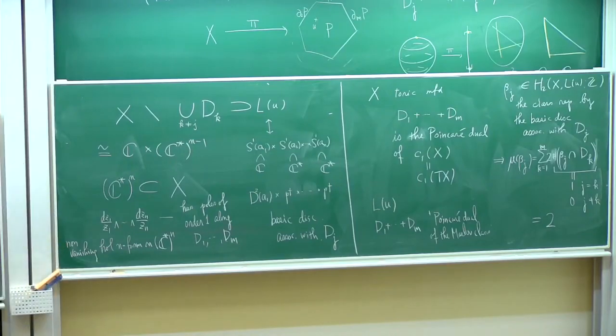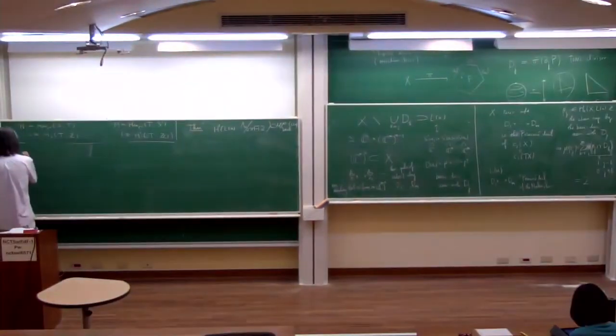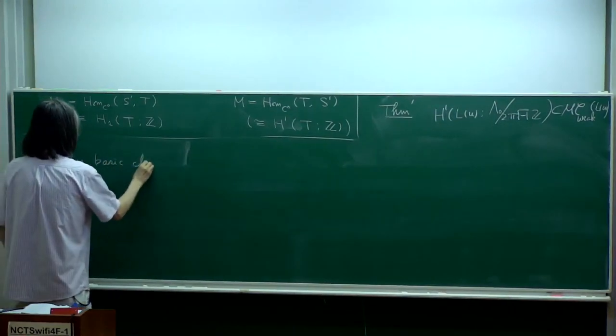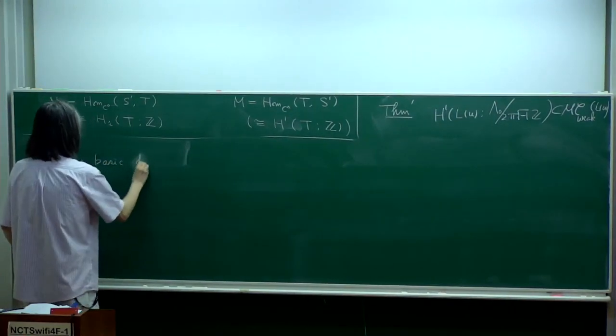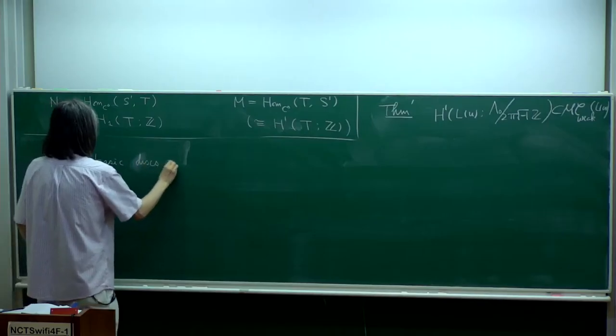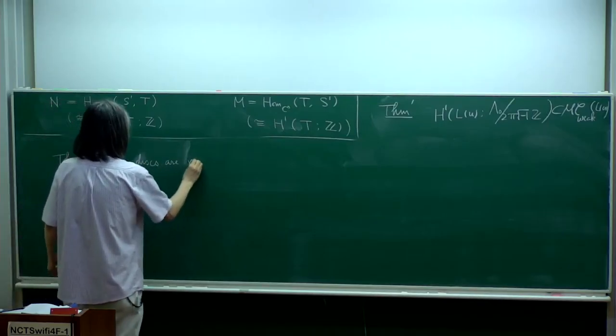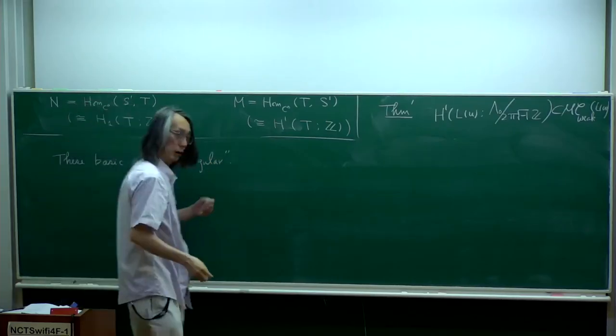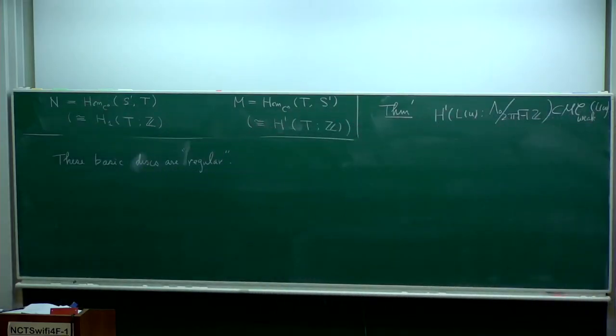These basic disks are regular. Regular means the linearization of the Cauchy-Riemann equation is surjective.